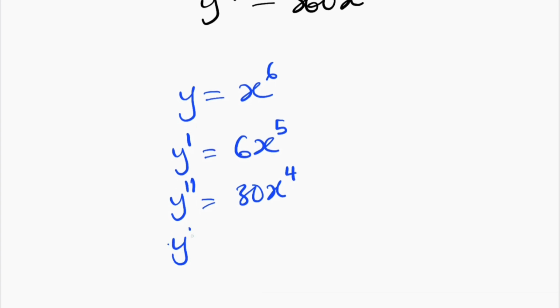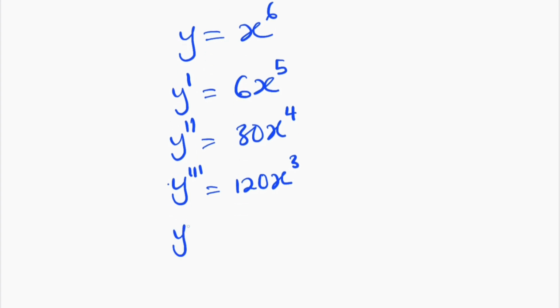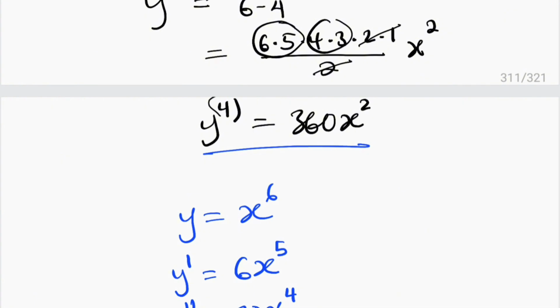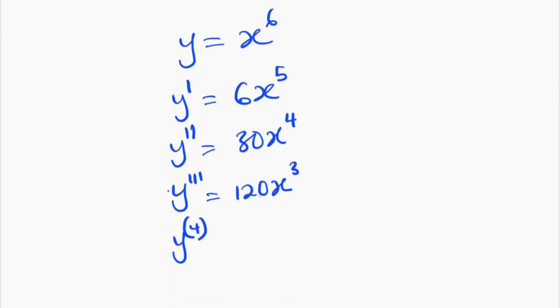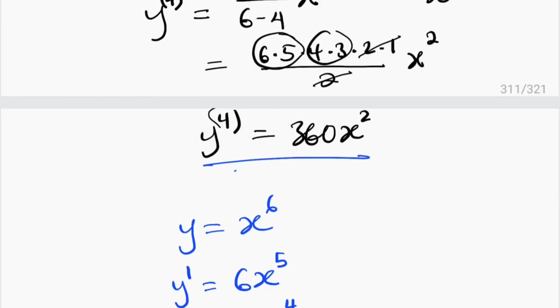The third derivative is going to be 3 times 4 is 12, 120, x to which power? Power of 3, right? Then the fourth derivative, this 3 will multiply 120, you have 360. Then you reduce the power by 1, you have 2. Is it not exactly as what we have here?